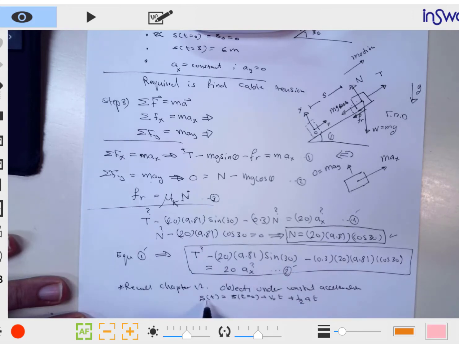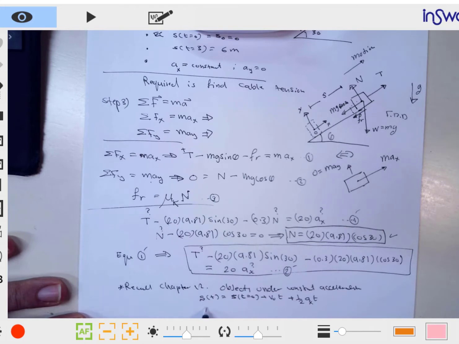And since we are talking about the acceleration in x and the distance in x, this is what we have. Now I'm given t, the initial position, and the distance, so I can calculate ax. So let's do that.